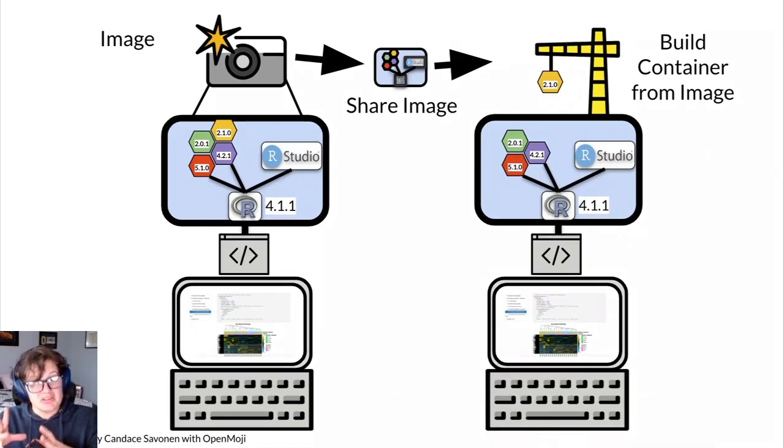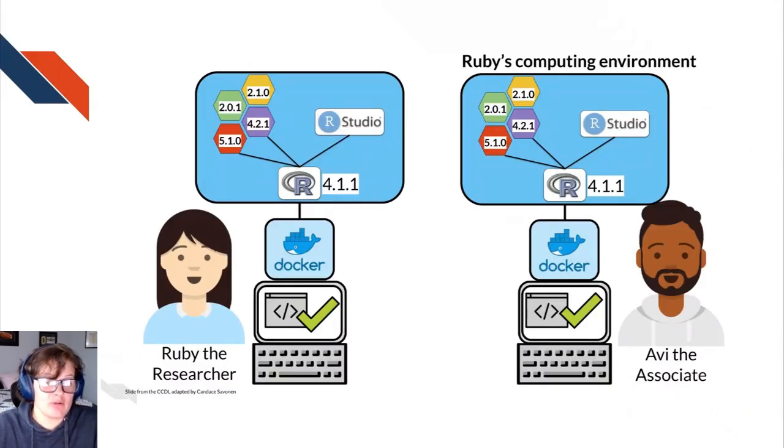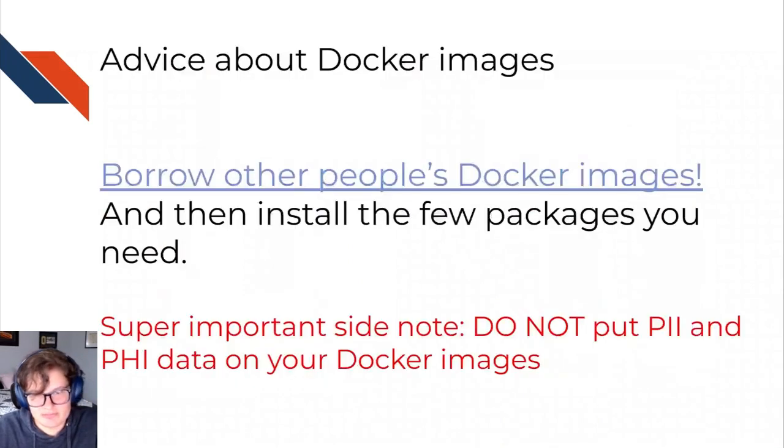Then we can build a container from that image to duplicate the computing environment that the snapshot captured. Images are like a shareable snapshot of an environment, whereas a container is a place where you have an environment to actually do the work. In the containers we will actually run the analysis, and that can ensure we get more consistent results across different researchers.